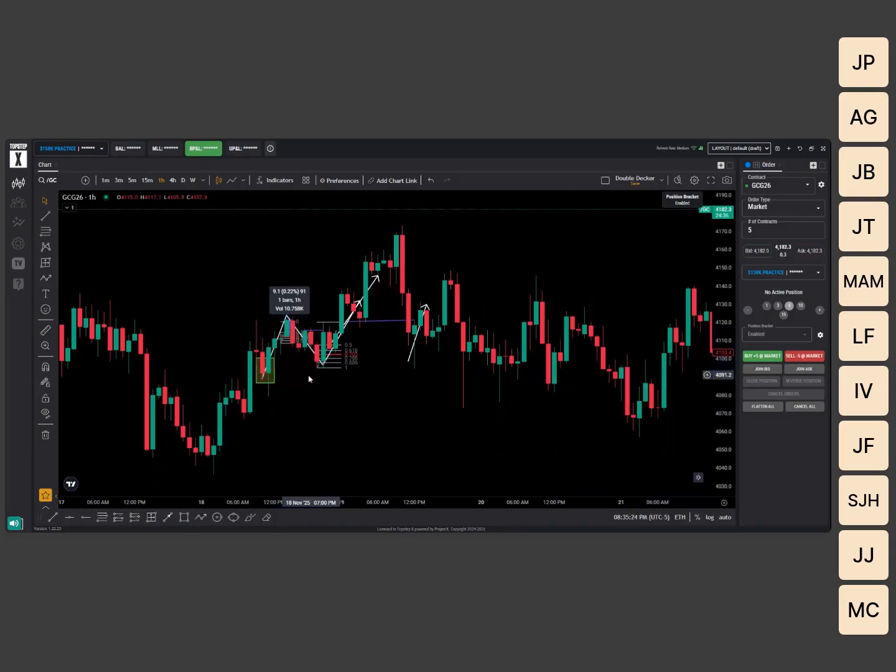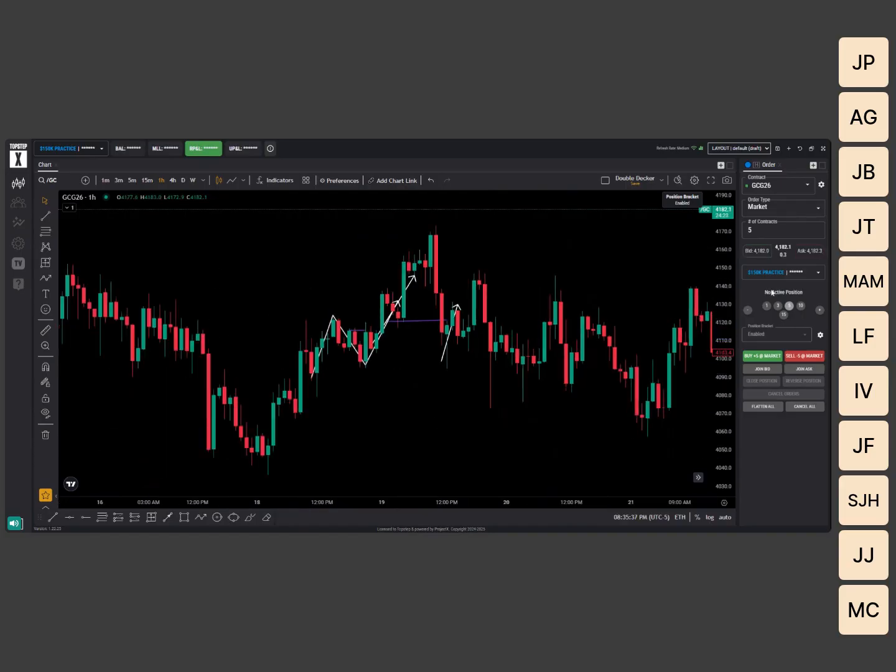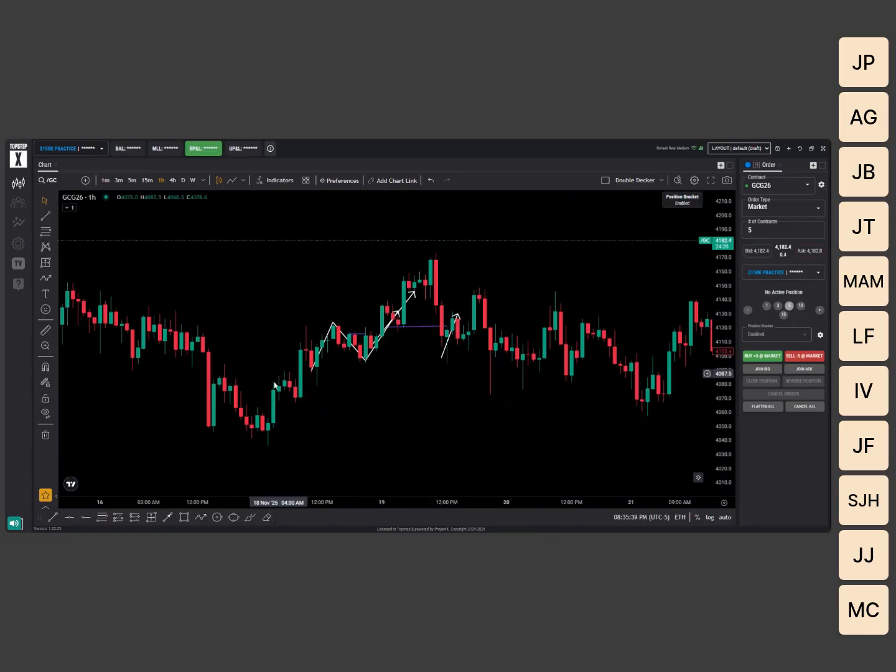Let me clear this up. Does everybody see this? That was just a range within a range. The totality is that we were clearly in an uptrend.